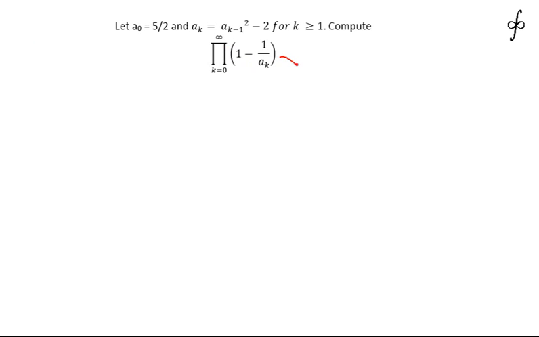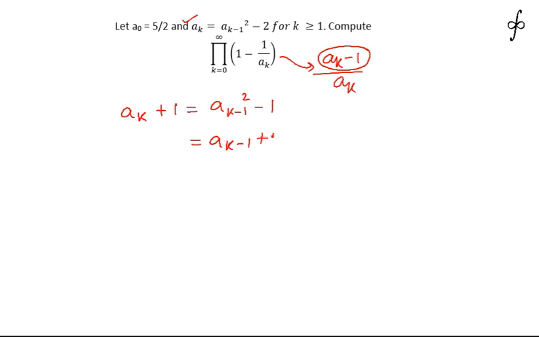So basically, if we see this particular factor, it is going to be a_{k-1} divided by a_k. So if we try to bring this kind of factor a_{k-1} from this recursive relation, it is going to be a_k plus 1, so this is going to be a_{k-1} square minus 1, which can be very easily factorized as (a_{k-1} plus 1) into (a_{k-1} minus 1), right?